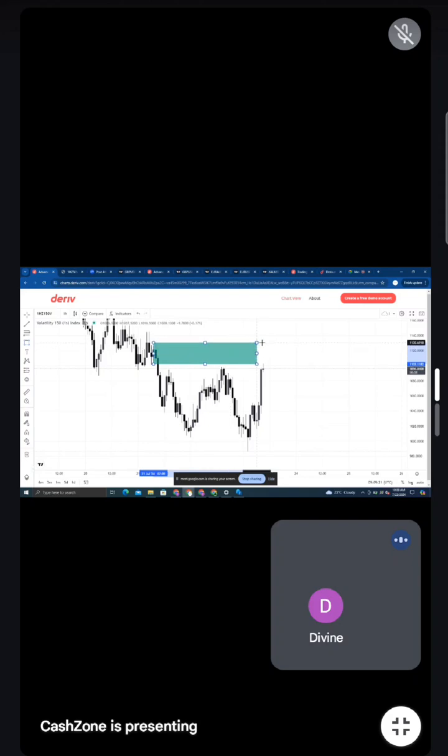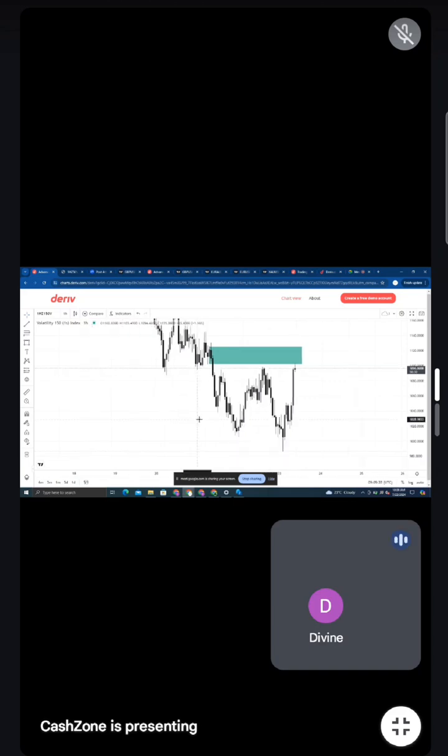Price must surely take out liquidity before it buys. Have this at the back of your mind. Price must take out liquidity before it buys. Price must take out liquidity before it sells. And if you cannot identify any potential liquidity area, then don't enter. Spot the liquidity or you become the liquidity.